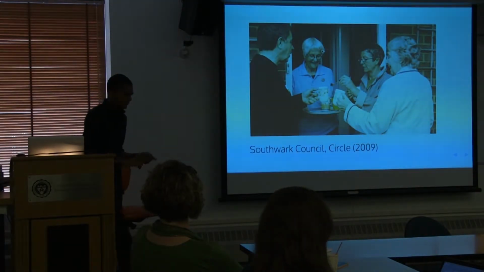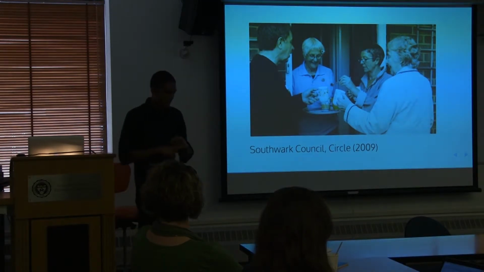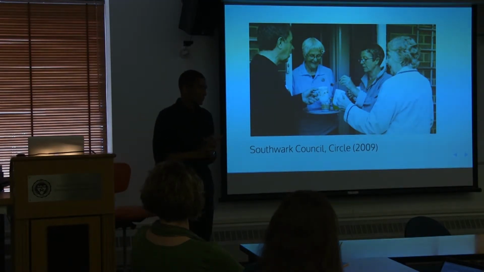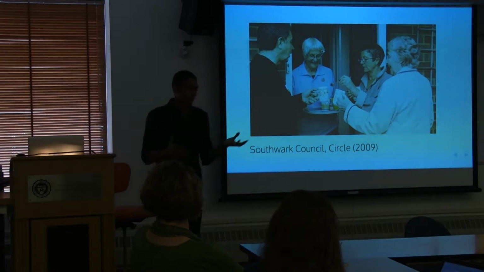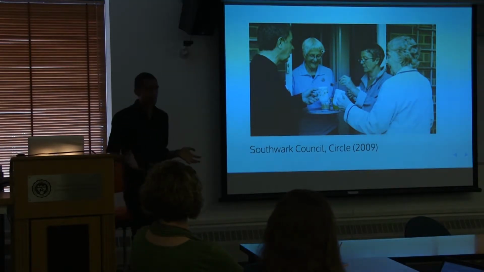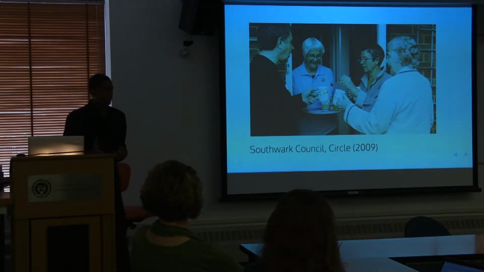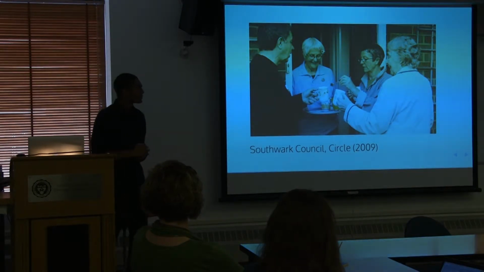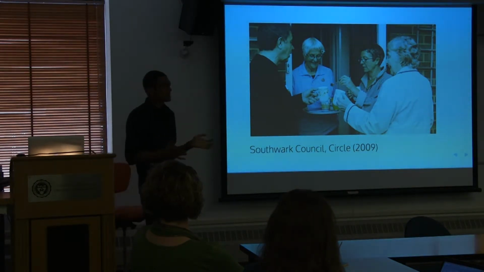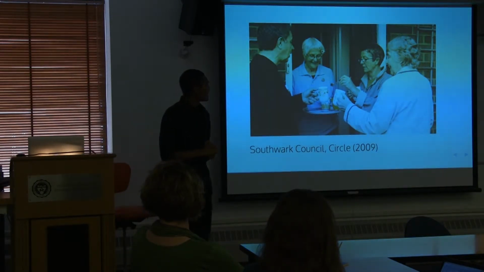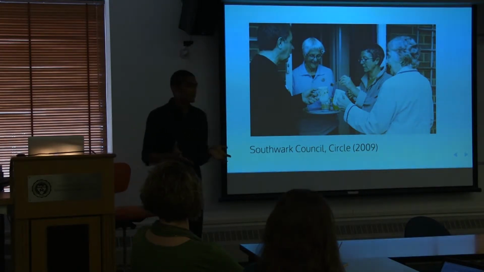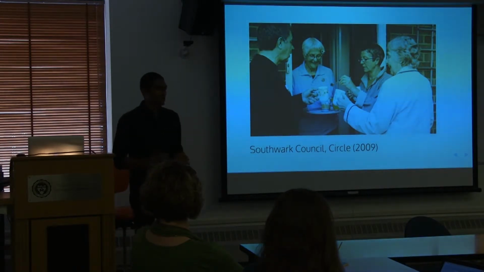And then finally, we have in the southern borough of London a project called Circle, which was done by Hilary Cottam, who's a social entrepreneur and designer, who's focusing on themes of caretaking and loneliness in an aging population.